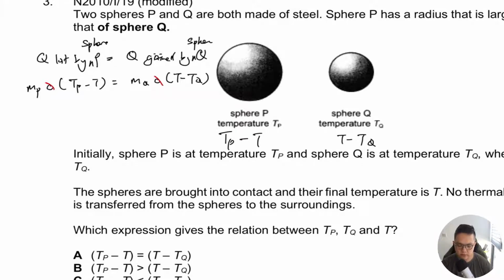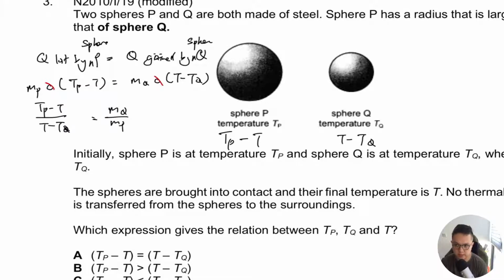I'm going to rearrange to shift all the T's to one side first. So I will shift the T's to the left hand side and the m's to the right hand side. So this will become Tp minus T over T minus Tq equals mQ over mP. mQ over mP, we can further expand it.